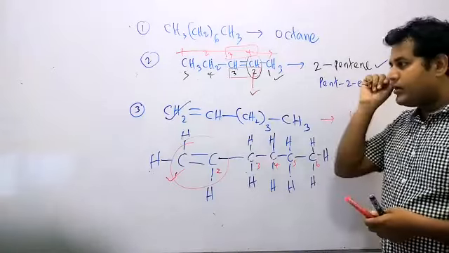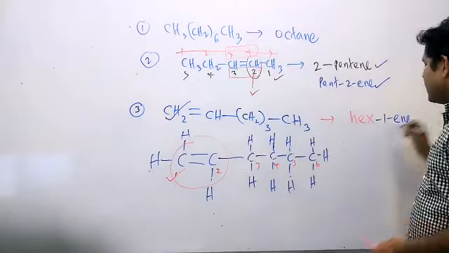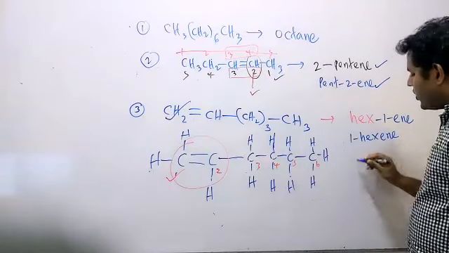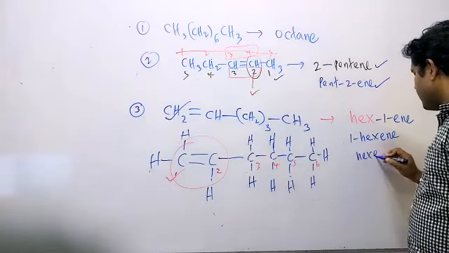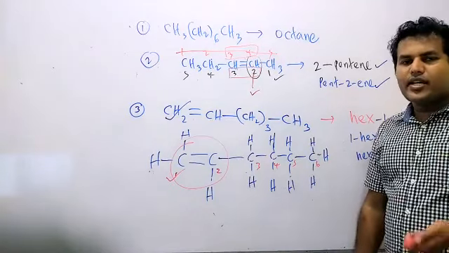And the double bond is at the first carbon. So you can write hex-1-ene, or 1-hexene. If not, you can write just hexene. That's also correct, because hexene suggests it is 1-hexene.